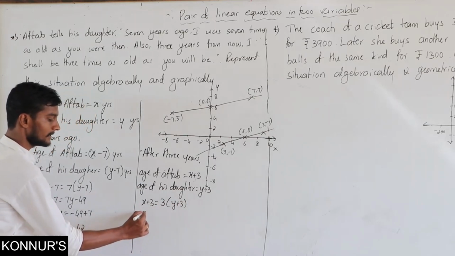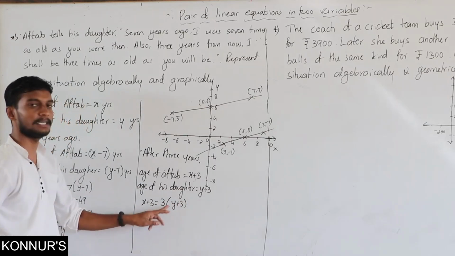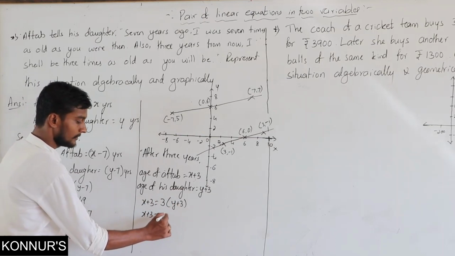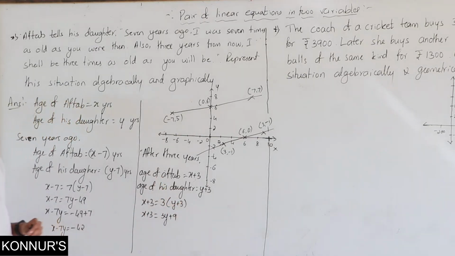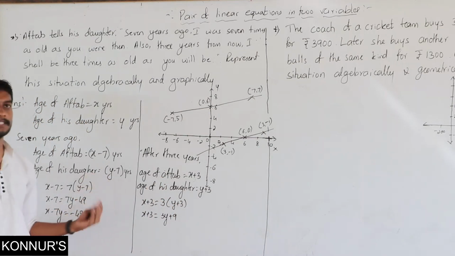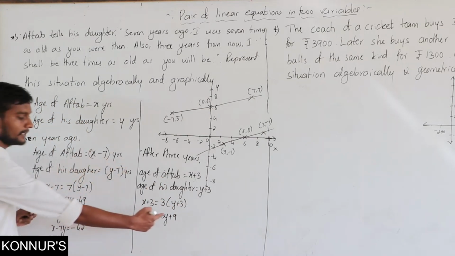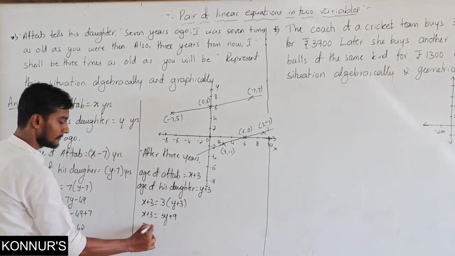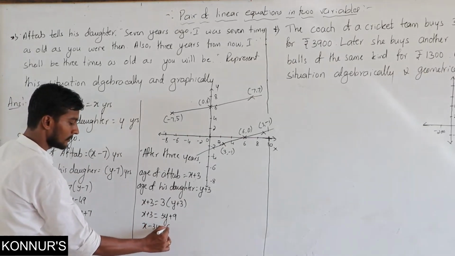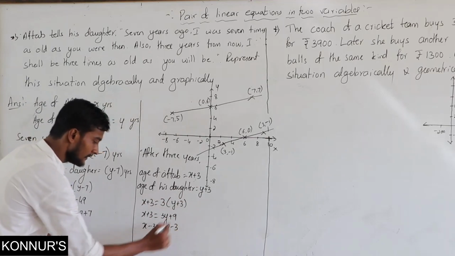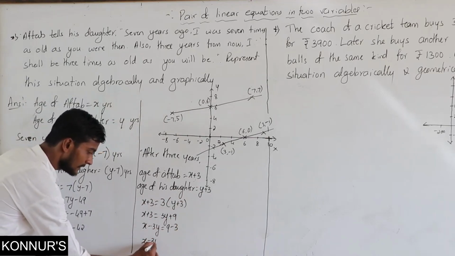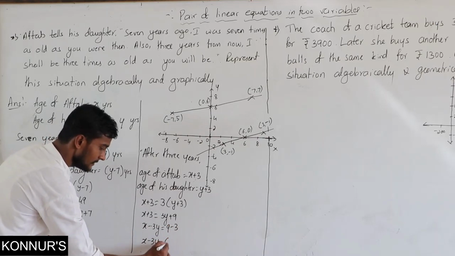So simplify this: x plus 3 is equal to 3 into y plus 3, which is 3y plus 9. Again we make variables on one side and constants on the other. Bring 3y to this side, x minus 3y is equal to 9. Take the plus 3 to that side, minus 3. So x minus 3y is equal to 9 minus 3, which is 6.